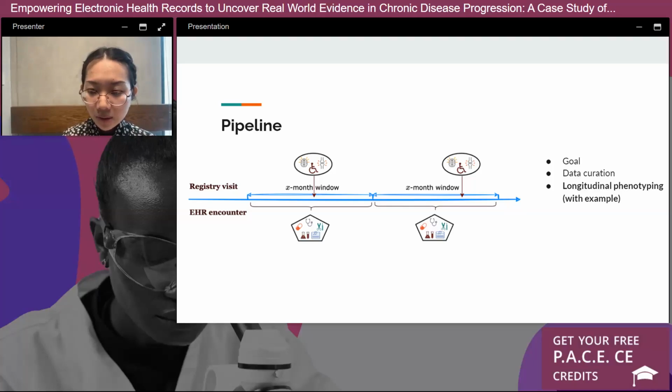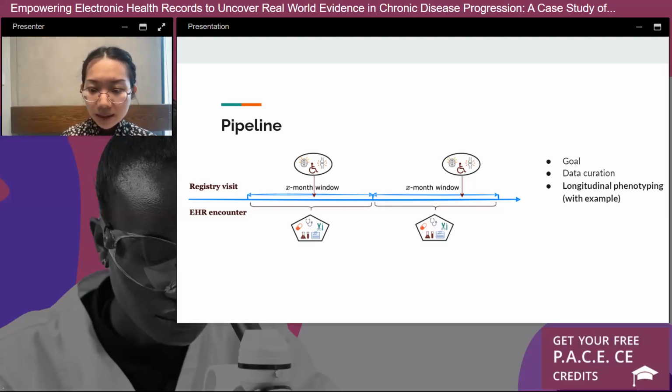So what longitudinal phenotyping means is that you consider the time frame of a particular patient, who would usually have EHR recorded for each of his visits to the hospital.